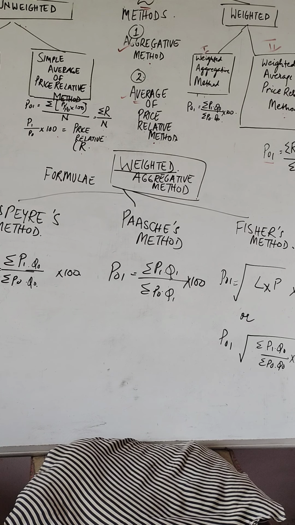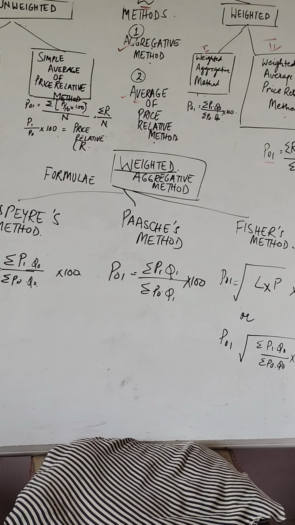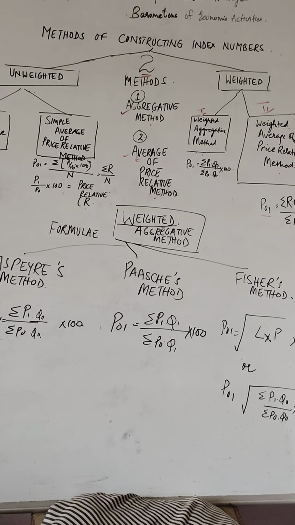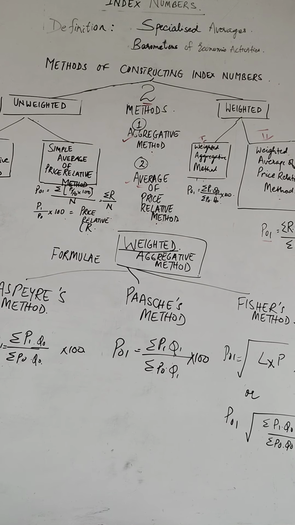It avoids the bias which is associated with Laspeyres' or Paasche's method. And the formula is based on geometric mean, which is considered to be the best average for calculating index numbers. Right, and it also satisfies time reversal test and factor reversal test. So that is why the Fisherian formula is said to be the best one to calculate the weighted index number.